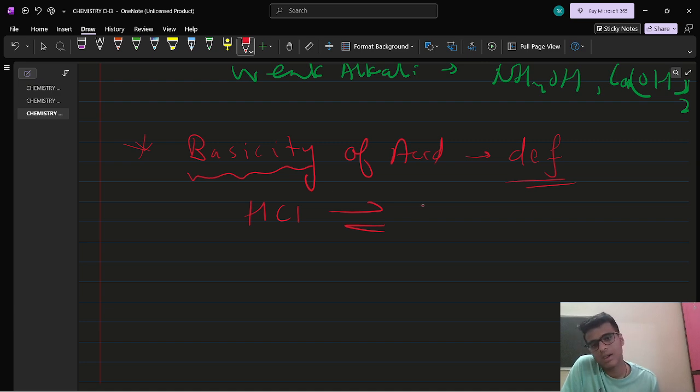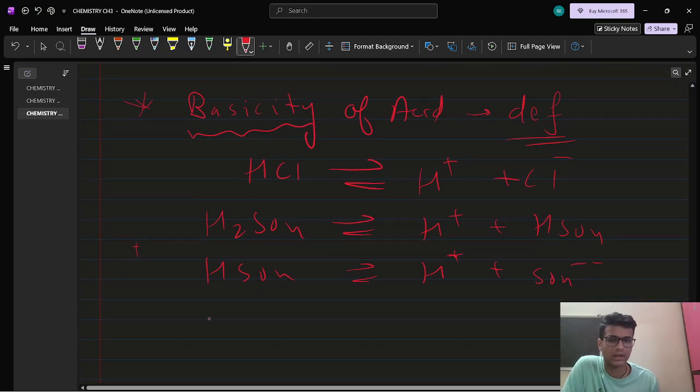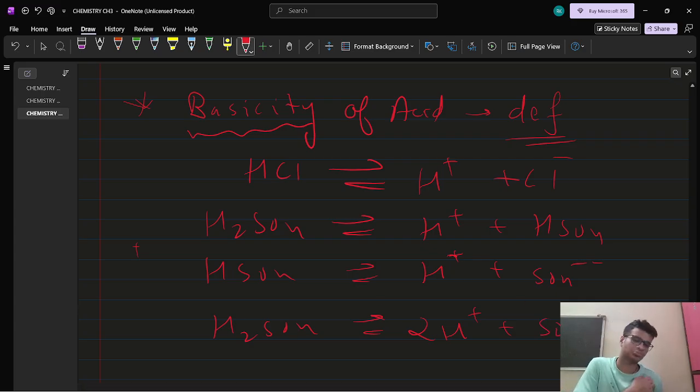Suppose I have HCl, it dissociates to give H plus and Cl minus. Now suppose I have H2SO4, it dissociates first to give H plus and HSO4 minus, then HSO4 minus again dissociates to give H plus and SO4 2 minus. So overall H2SO4 gives 2H plus and SO4 2 minus.